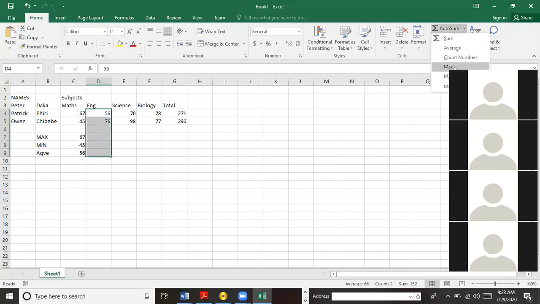You can also use a shortcut. Okay, as you can see, I'm using the auto sum. I'm using the auto sum. I'm using the auto sum. Then I'm looking for the minimum.